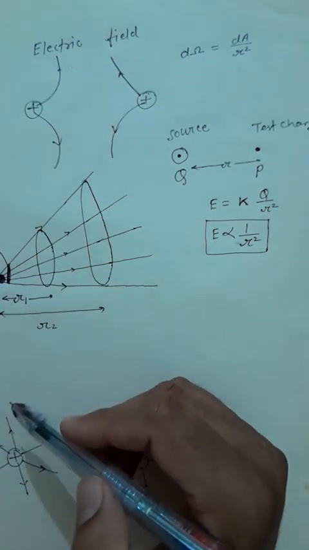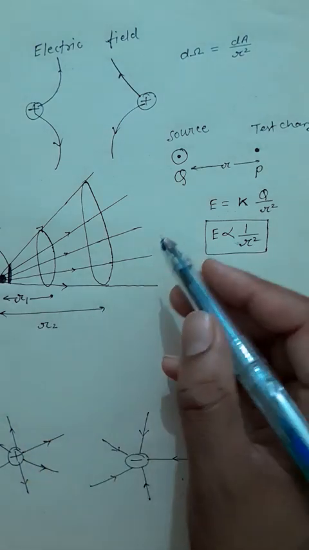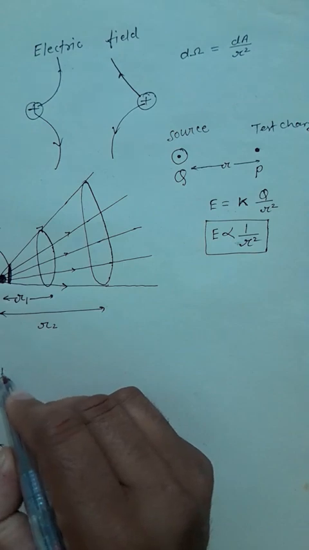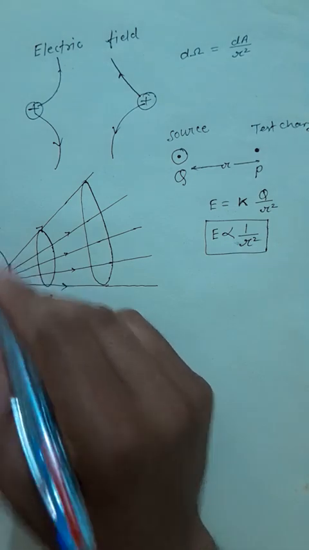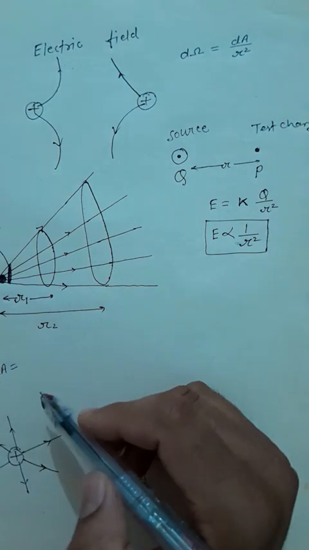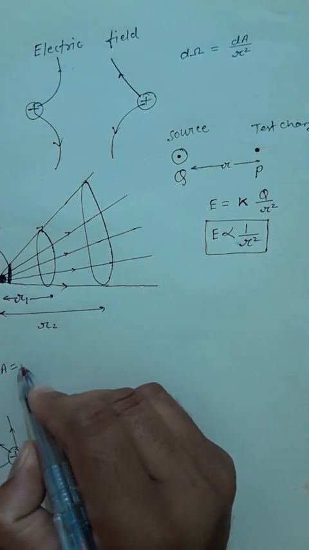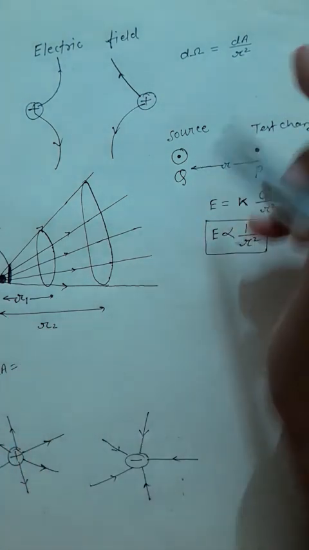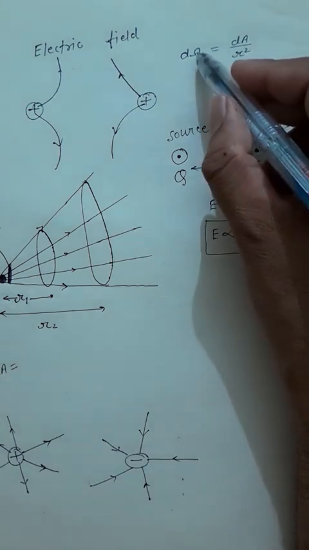From here we can represent the area delta a in terms of the radius and d omega, the solid angle. So obviously the area will be the product of the square of the radius and the solid angle.